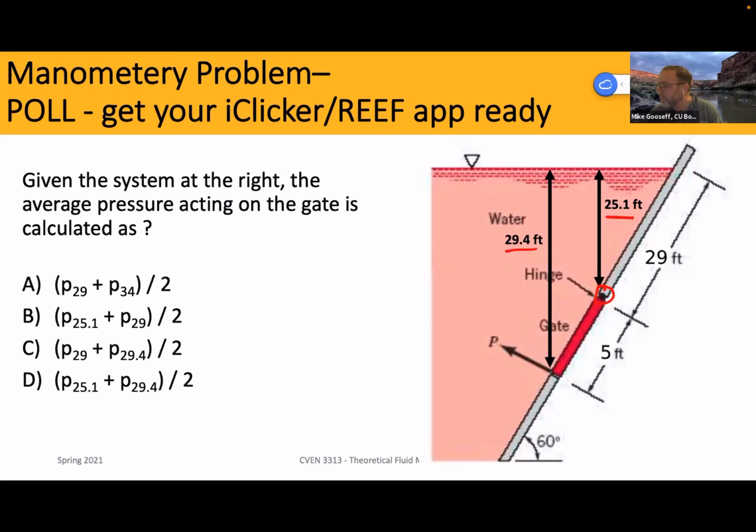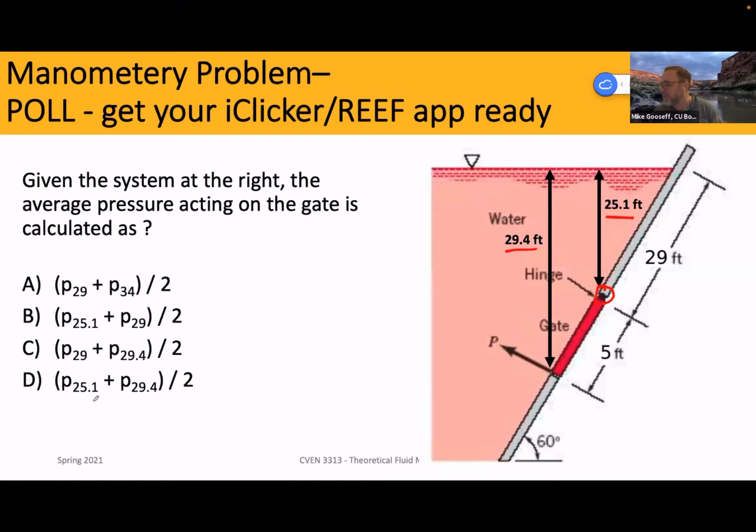So we'll let this go for a minute, but the question is, what is the average pressure acting on the gate? Is it the pressure at 29 plus the pressure at 34 divided by 2? So this is 29 feet, and this is another 5, makes 34. Is it the pressure at 25.1 plus 29 divided by 2, pressure at 29 plus 29.4 divided by 2, or pressure at 25.1 plus 29.4 divided by 2?